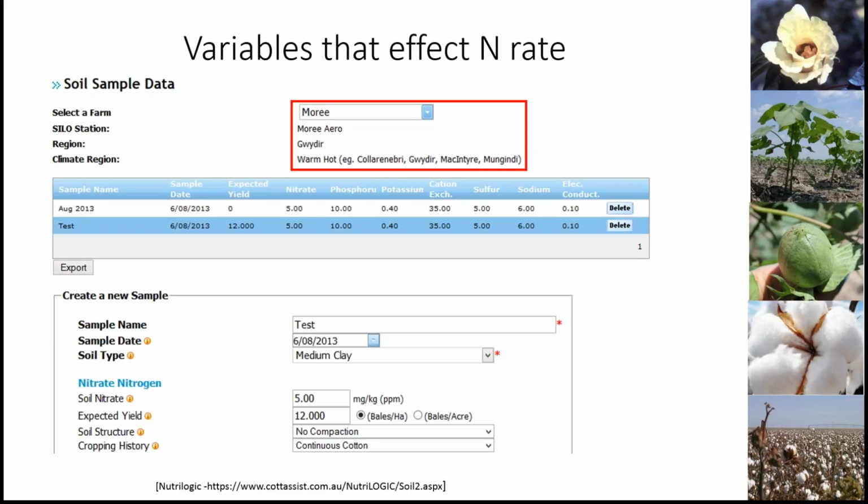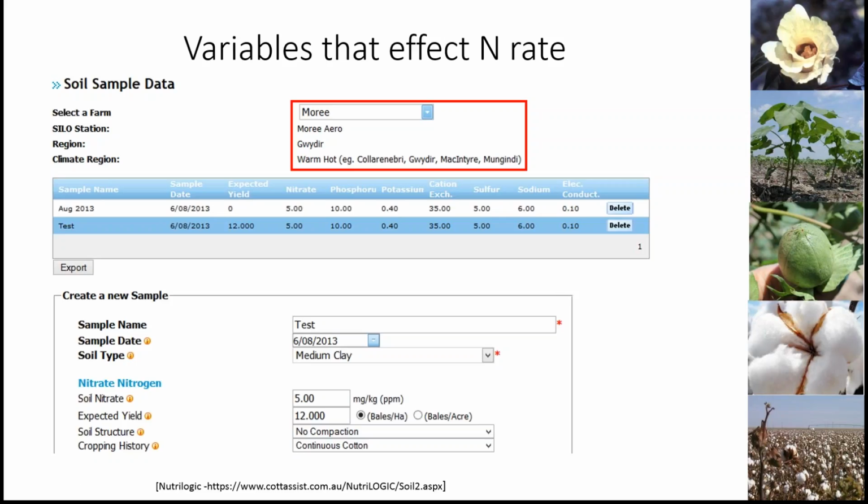The faster the degrees accumulate for any particular yield, we tend to need a higher nitrogen rate to produce that, because we're trying to produce it quickly. Therefore, we need to have ready supply to drive the nitrogen into the crop. So when we're taking into account how to come up with a nitrogen rate, it is important to recognise where you are, how hot it is, and that does affect the rate.